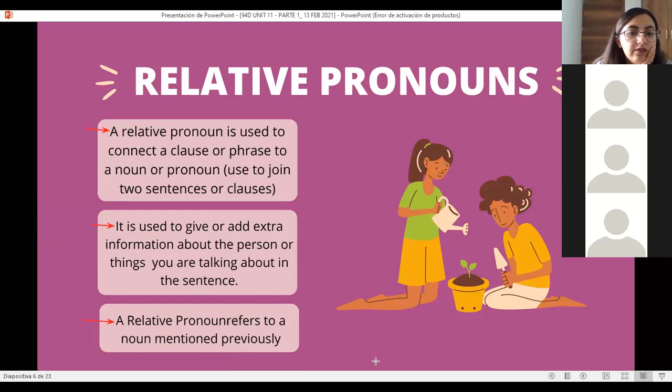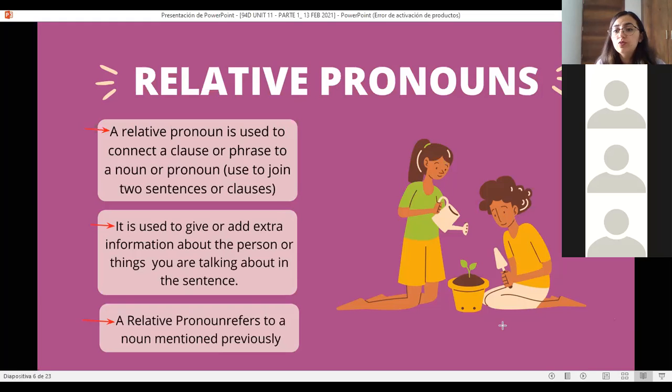Very good. So guys, after reading these, what do you think is a relative pronoun? Nos dice que el relative pronoun es una palabrita que nos permite unir dos oraciones o cláusulas. It helps us to connect or to join two sentences or clauses.